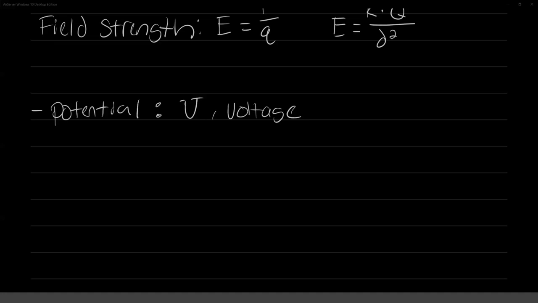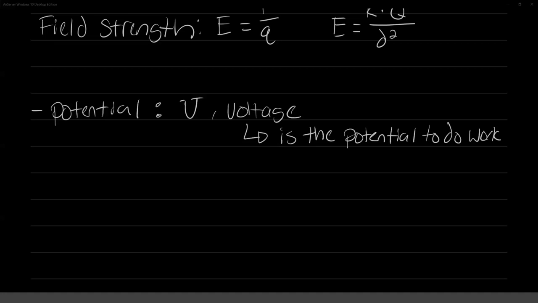Voltage is the potential to do work. So it's the potential to like make power, kind of. So I think that's why they're used interchangeably, because voltage is potential, like potential energy, kind of.